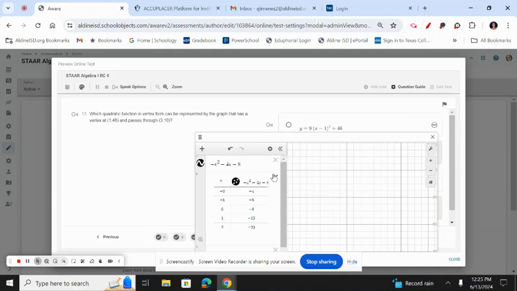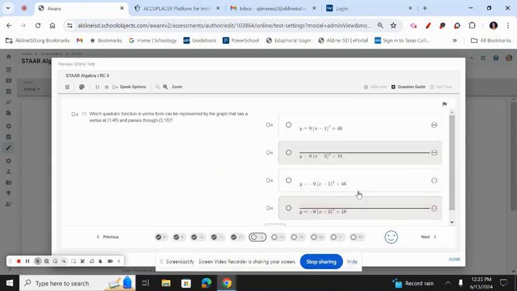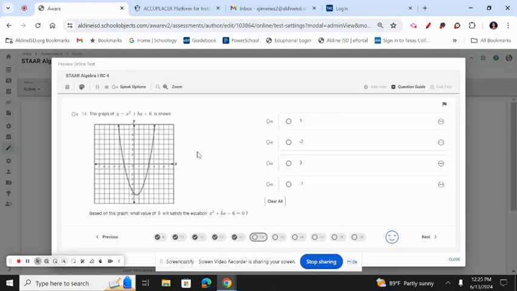So we close this out. 9 parentheses x minus 1 squared plus 46. We're going to hit the table, and 1 and 46 is there. What about 3? 3 and 82, so that one is not it, which means my answer has to be this one right here. Alright, we go to the next one.